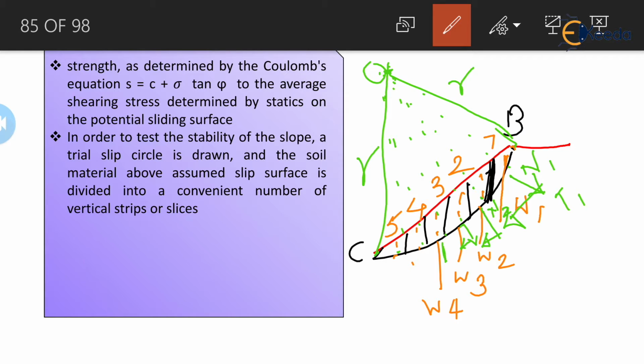The tangential component, T, is responsible for causing the driving moment, and because of the friction, that force will be acting along the slip circle, along the slip surfaces.